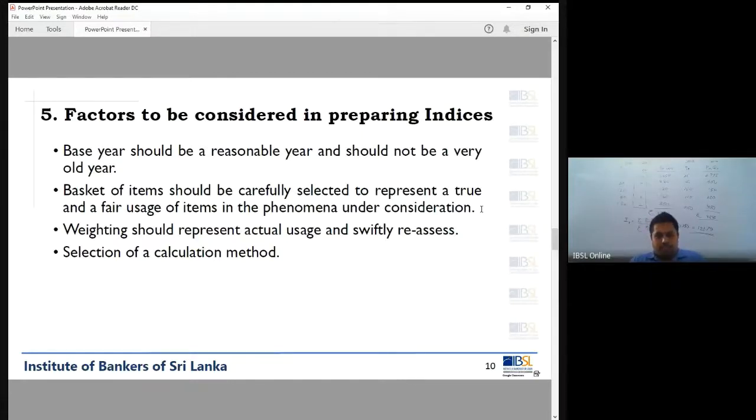Third point: weighting should represent actual usage and be reassessed swiftly. In fact, it's more or less an extension of the second point that we discussed. So actual usage is the important point. You may get interviews in that rice example of 4.7 kilos, 5.2 kilos, 4.1 kilos, and you put them into a nice standard normal distribution and find the mean.